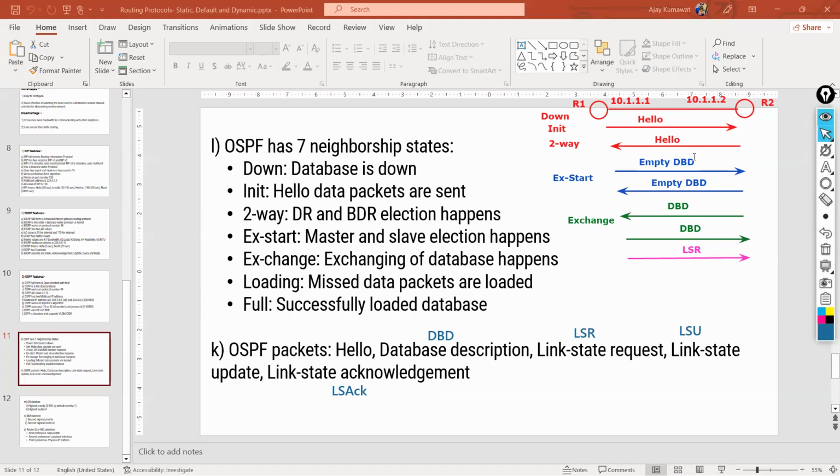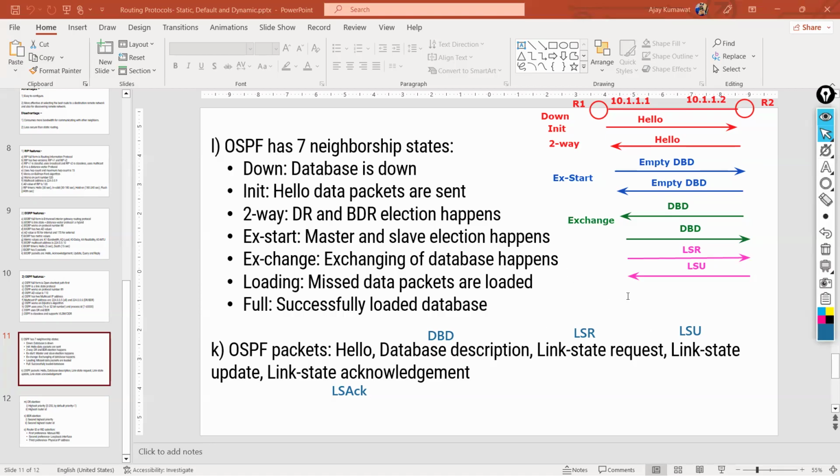Okay. Router 2 will receive the request. So Router 2 will send the update. How will Router 2 respond to it? Using an update. So it will send what? LSU, link state update. In the same way, if R2 needs information, it will send LSR and R1 will send LSU.